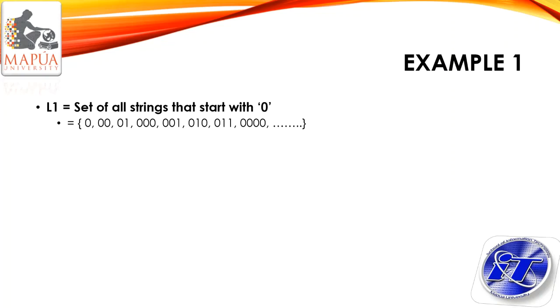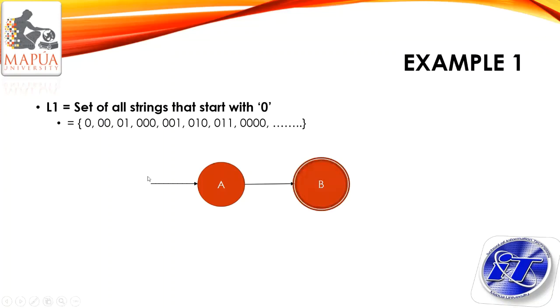Okay, so now let's draw the design. Definitely our automaton will start with the initial state. So let's call it state A. And if the first symbol of the string is 0, definitely it will go to a final state.